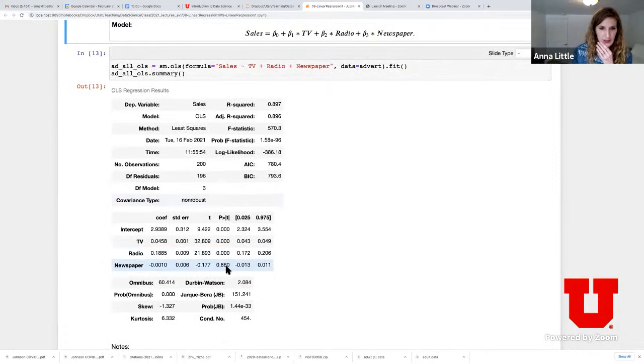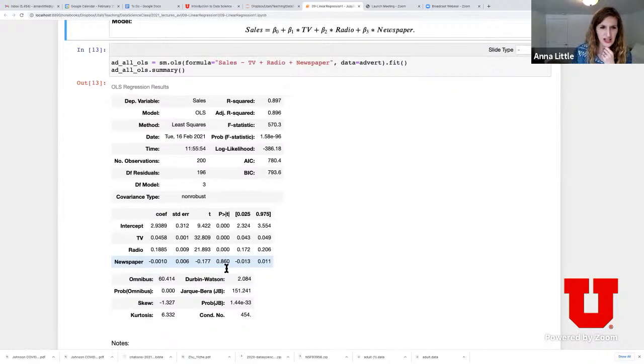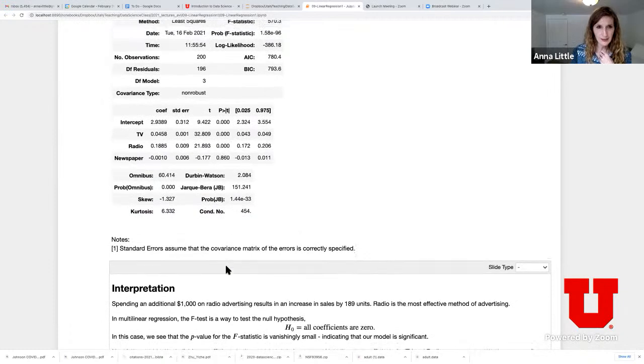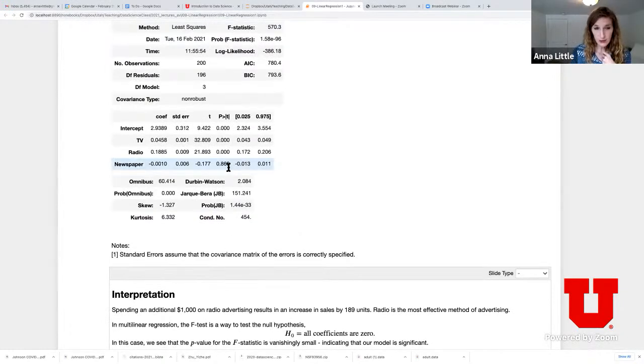Okay, so we see here that this p-value for newspaper is large, indicating that this variable is not contributing anything to the model. So you may be a little confused thinking, well, when we just looked at sales and newspaper, we got a significant p-value. So how come when we do this joint model with all three variables, it becomes insignificant? The thing to keep in mind there is that variables can be highly correlated with each other.